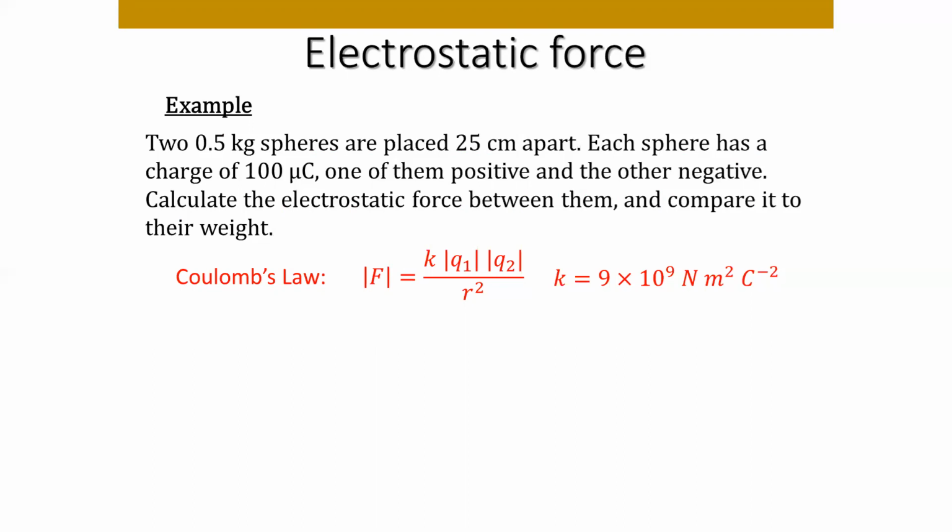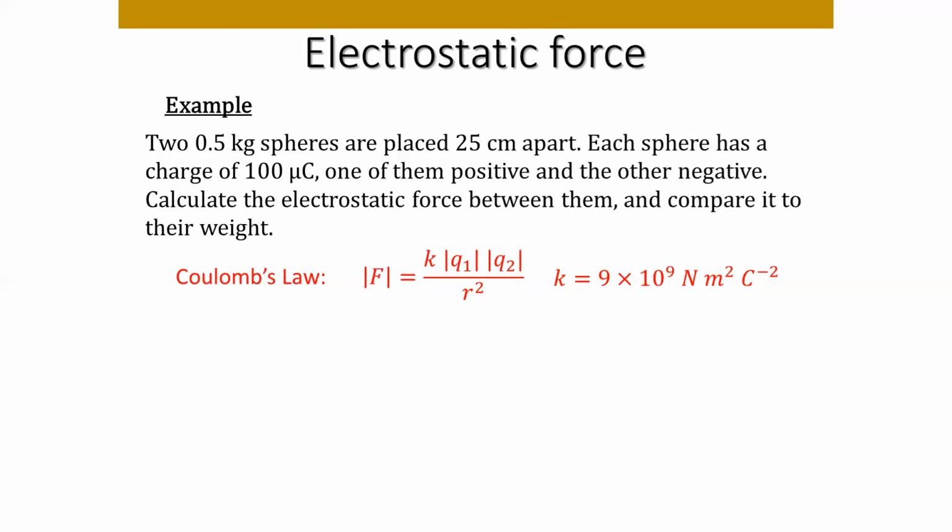So there are two charged particles, one positively charged and the other negatively charged, with equal mass and equal charge, separated by a distance of 25 centimeters. Now calculate the electrostatic force between them and compare it to their weight. We can easily calculate the weight because weight is just the multiplication of mass with acceleration due to gravity, mg.